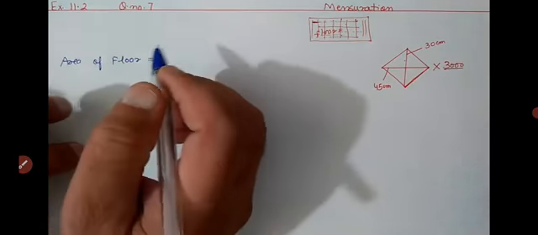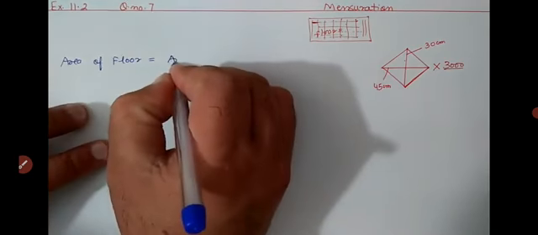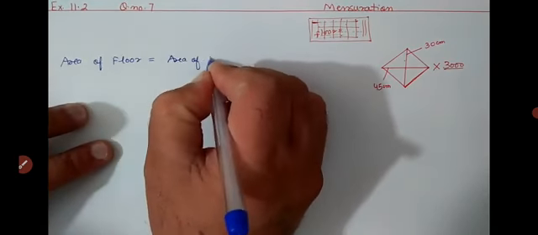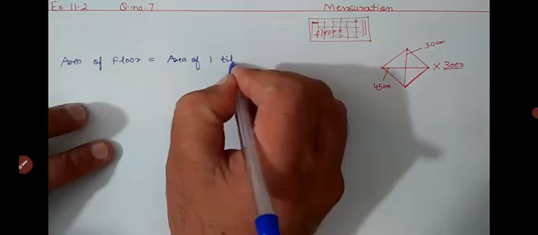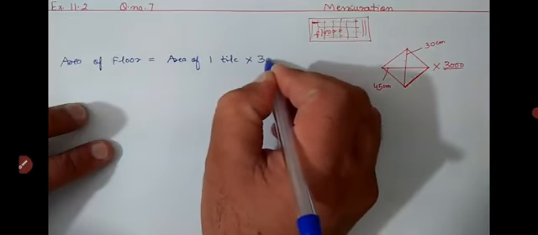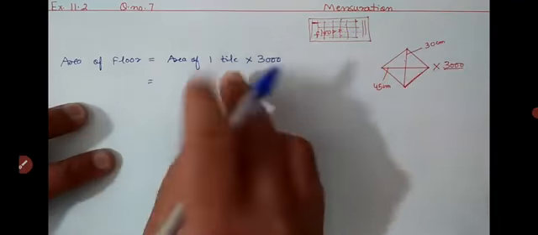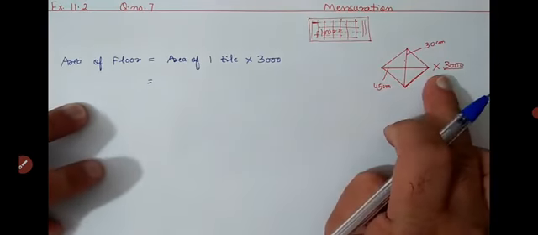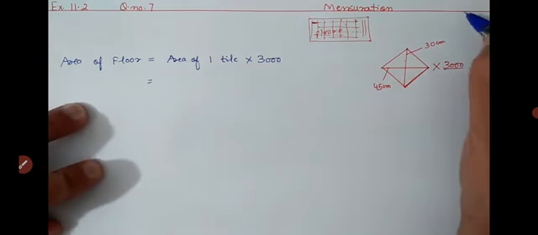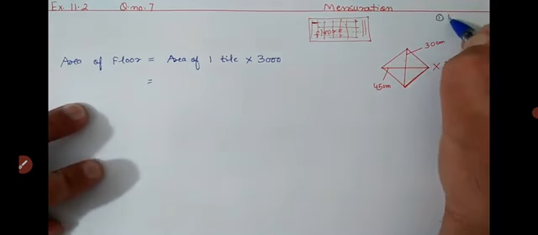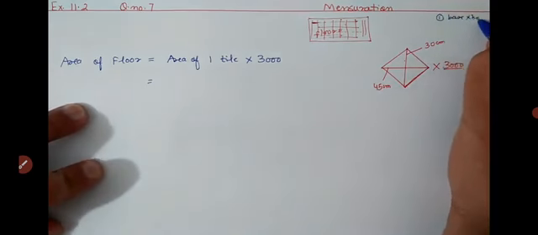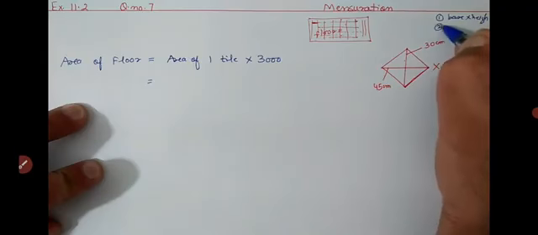Area of floor is equal to area of one tile into 3000, because the number of tiles is 3000. So area of tile, because the tile is in rhombus shape, is 1/2 d1 into d2.